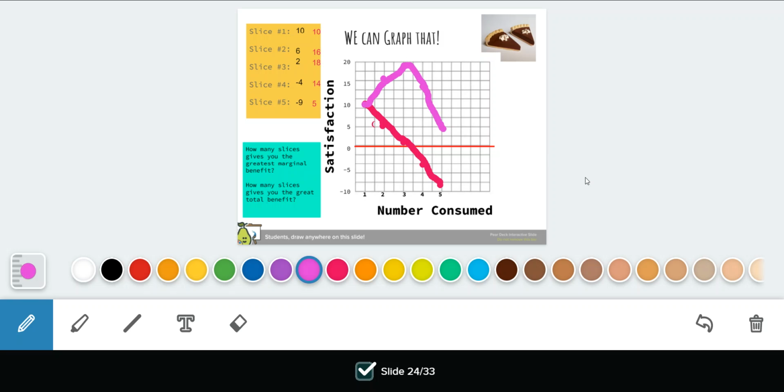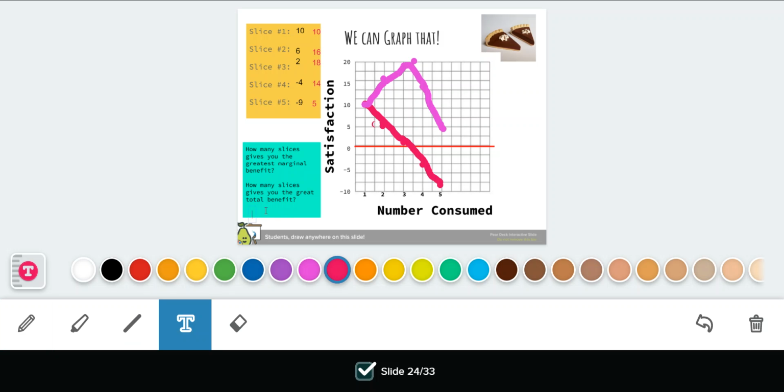Okay, now looking at this, we can get some interesting information. First of all, it tells us what is the greatest number of pies we should consume to get the most benefit, the most total benefit. And that is 3 slices, because that is where we get the greatest benefit. So that's how we would answer that question.